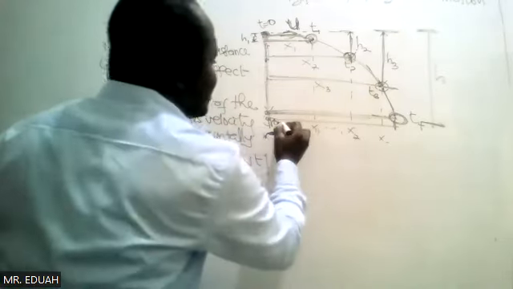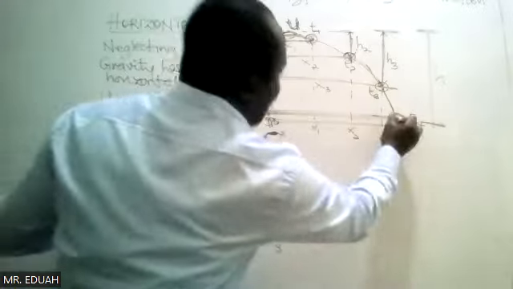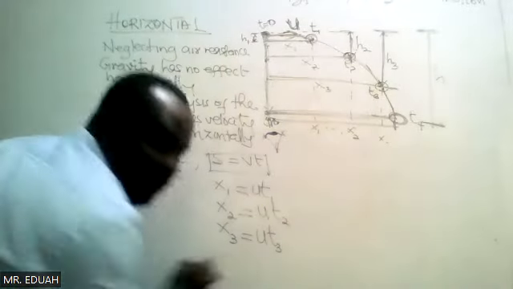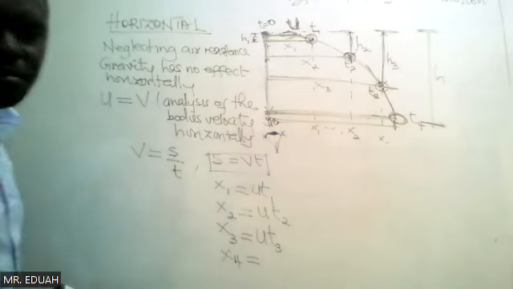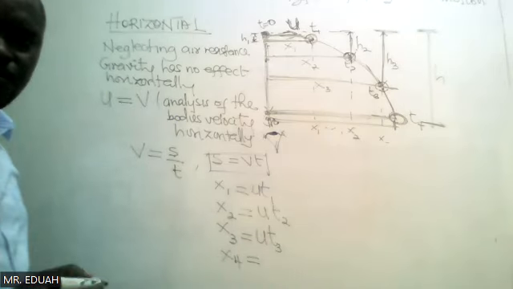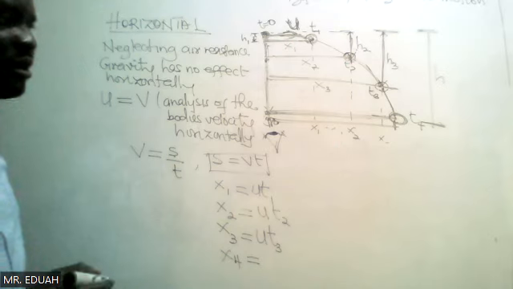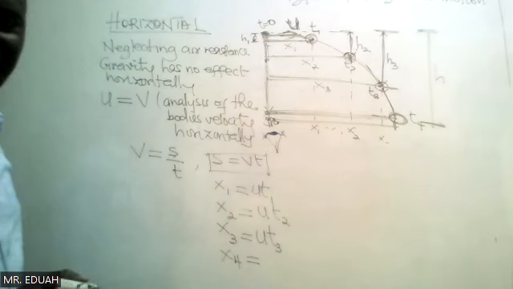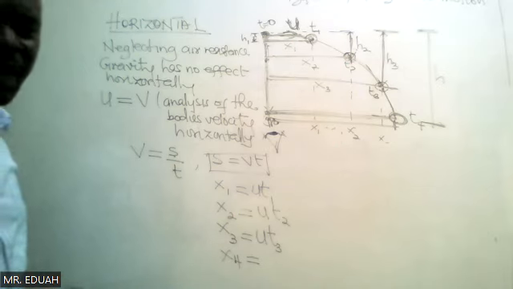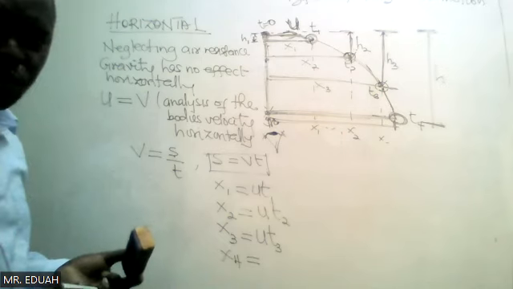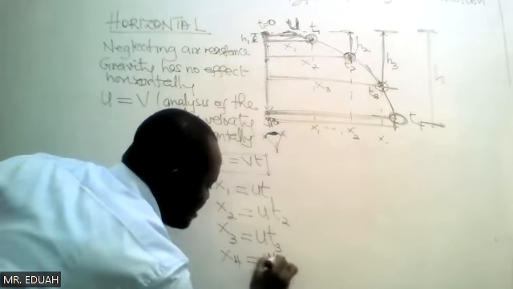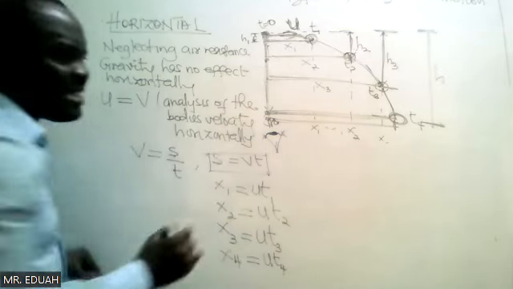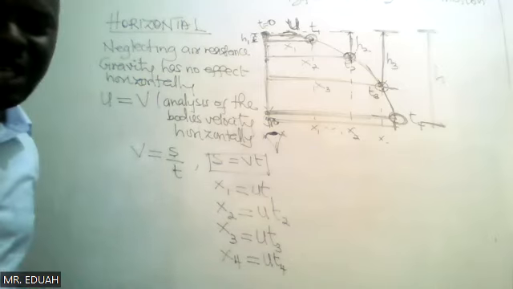Now, I want x4. x4 would be equal to u times t4.